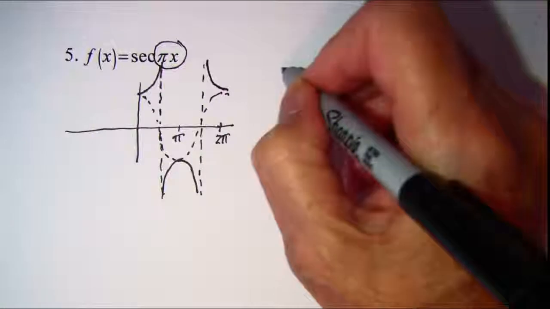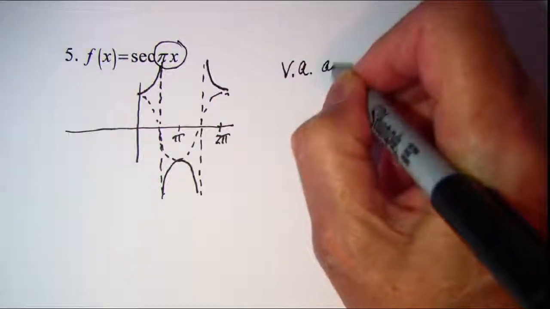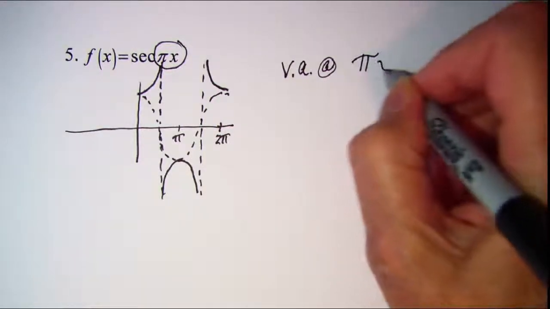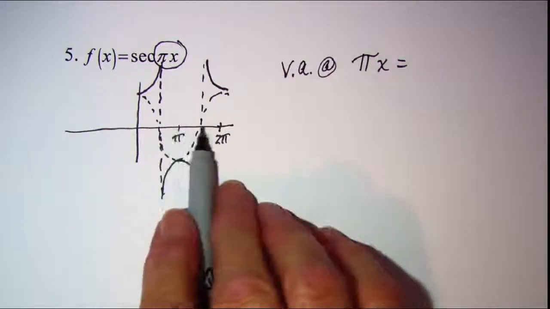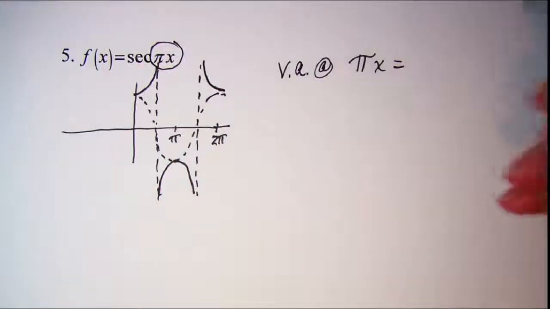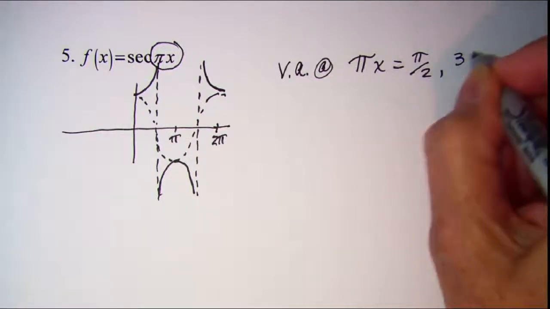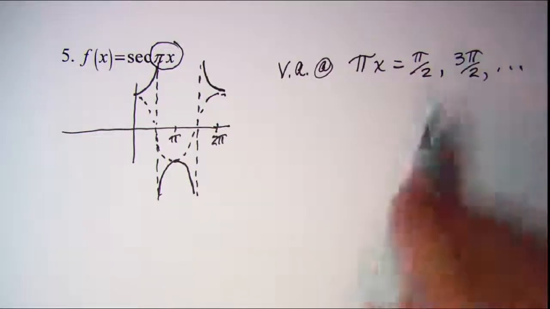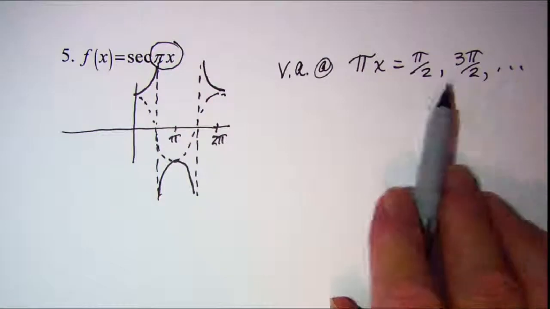So I'm going to have vertical asymptotes at pi x equal pi over 2 and 3 pi over 2. And so on. This is a periodic function, so it goes on forever.